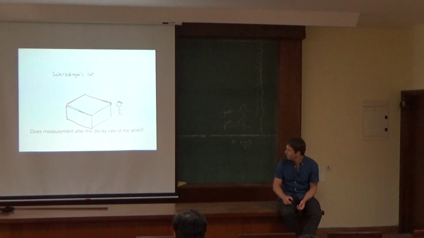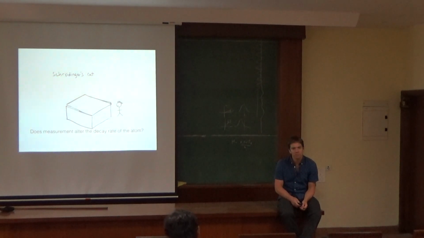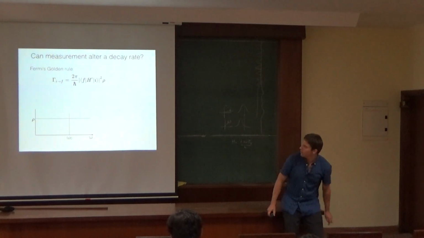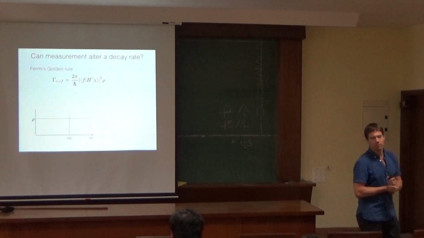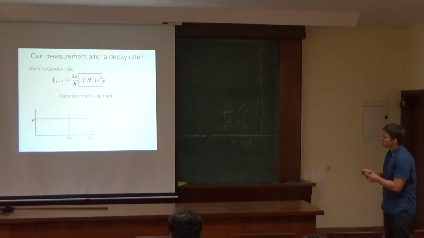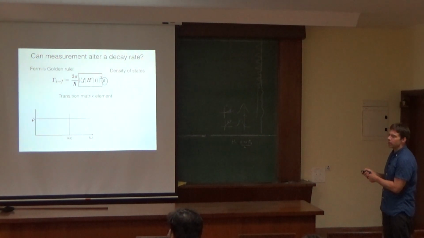That's Schrodinger's cat. And the first question I want to ask is, do measurements really alter the decay rate of an atom? The first answer should be no, generally not. And here's the reason why. Think about Fermi's golden rule, which is how you calculate a decay rate. You take the transition matrix element, and you multiply that by the density of states at the appropriate energy difference.